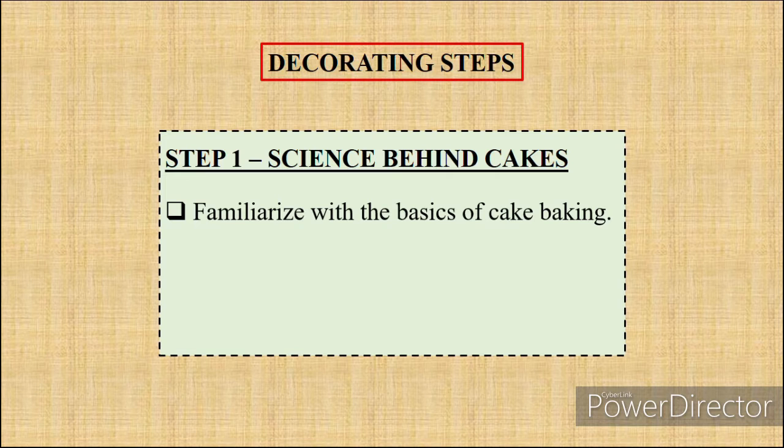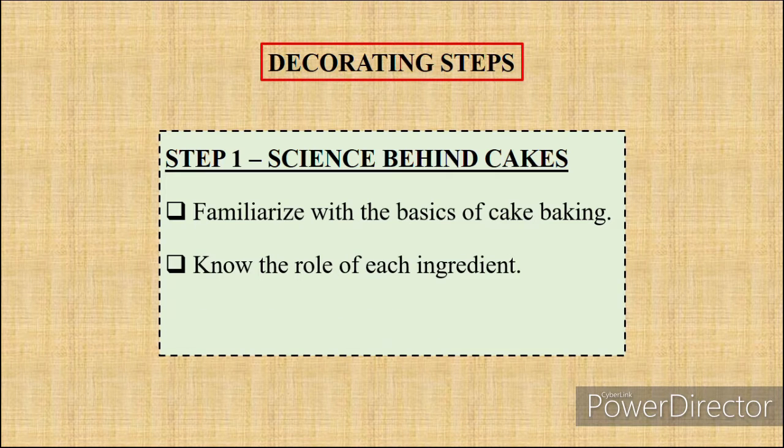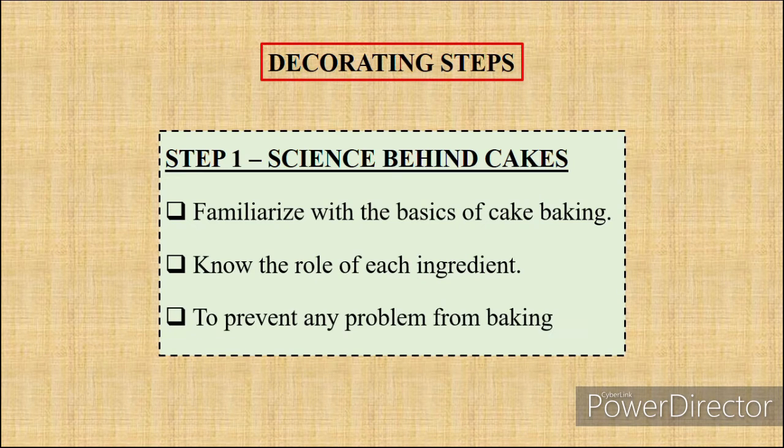You need to know the role and function of each ingredient that you will put in when you want to bake a cake. This is important because it can prevent problems when you bake, such as a cracked cake.